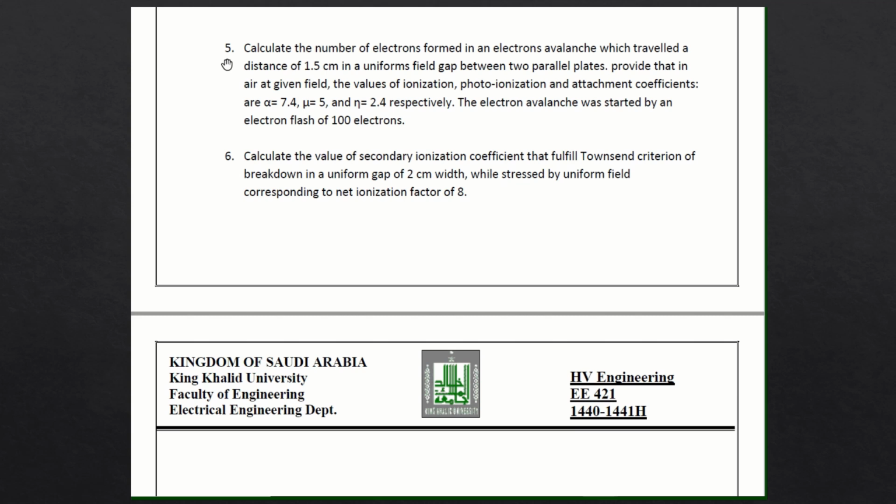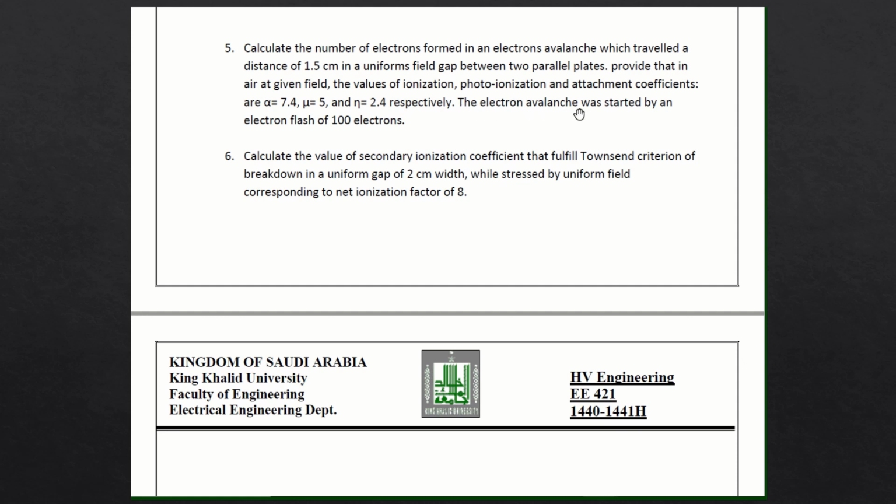In this question, he asked us to calculate the number of electrons formed in an electron avalanche, which traveled a distance of 1.5 centimeter in a uniform field gap between two parallel plates. He provides that in air at the given field, the values of ionization, photoionization, and attachment coefficient are 7.4, 5 and 2.4.